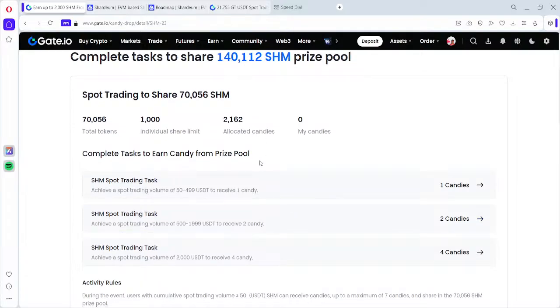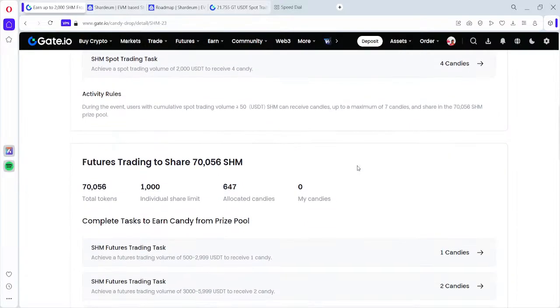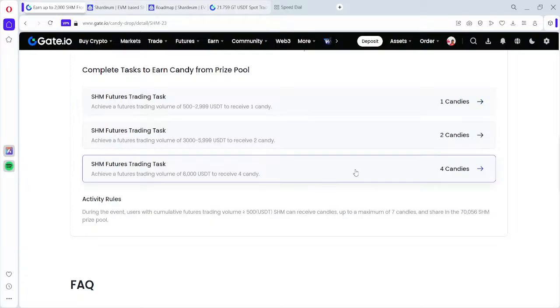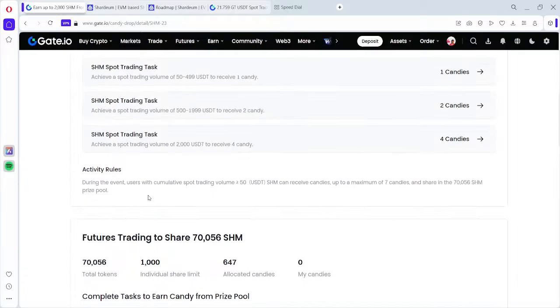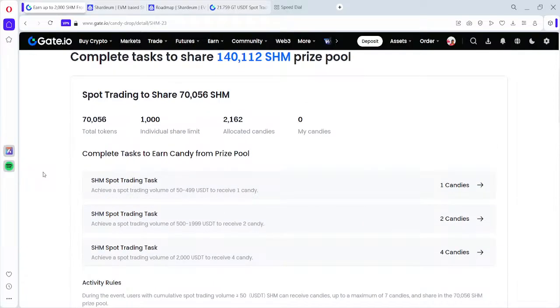Okay, so here you can collect the candies. You can see that. For this, you have to spot trade a minimum of $50 worth of SHM to receive one candy.